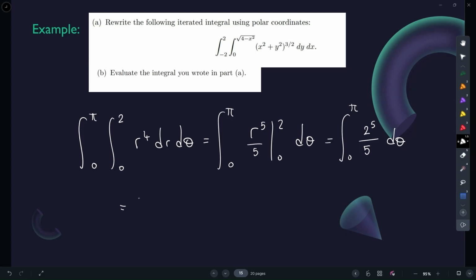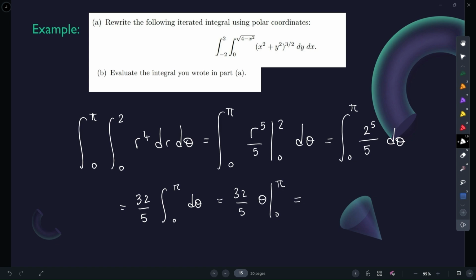That is a constant that can come outside, 32 divided by 5, and then integrate from 0 to pi d theta. That will be 32 divided by 5 of theta between 0 and pi.